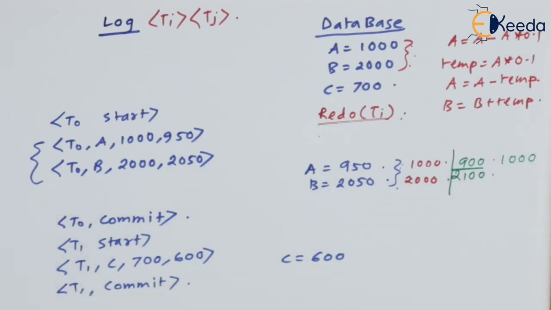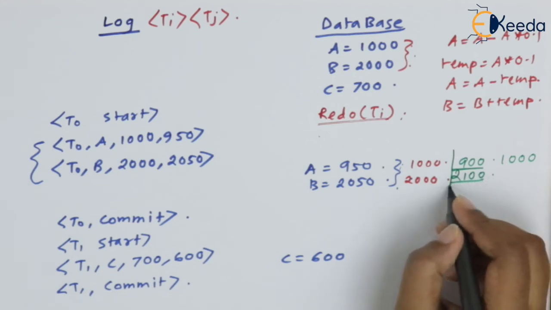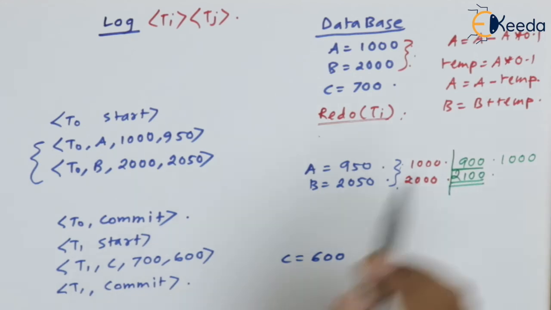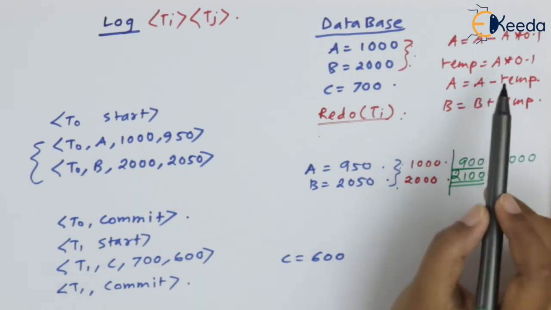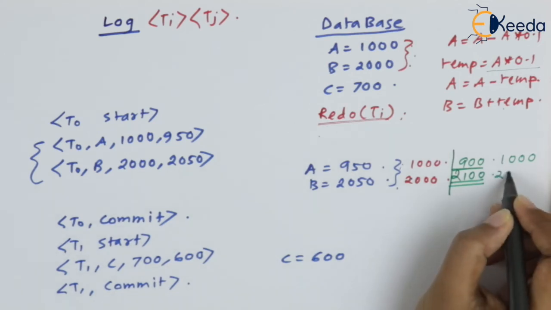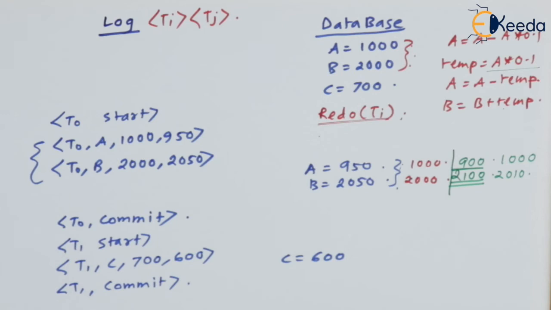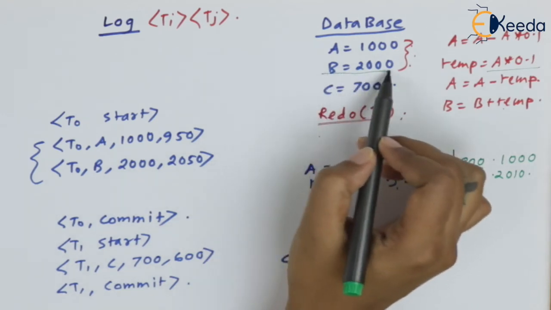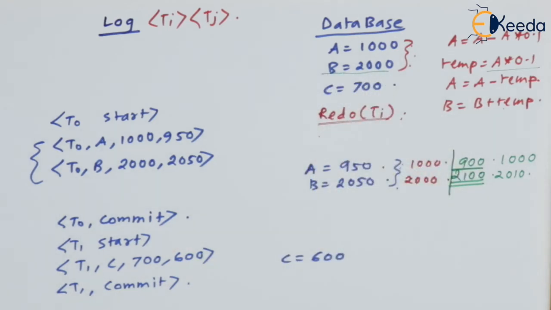So till now we are having the old value of A. But when B is calculating, it will calculate the temp which is calculated on A at 0.1. That means now it will be 10% of 900, that is equal to 90. So it will be minus 90, not 100. So now we have 2010 as our result, but the previous value of B was 2000.